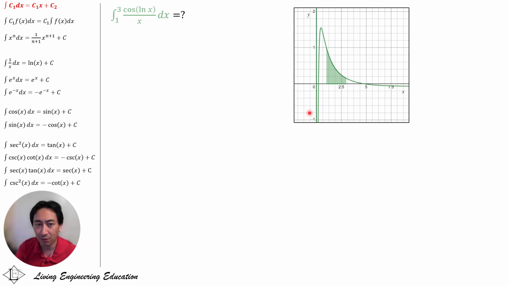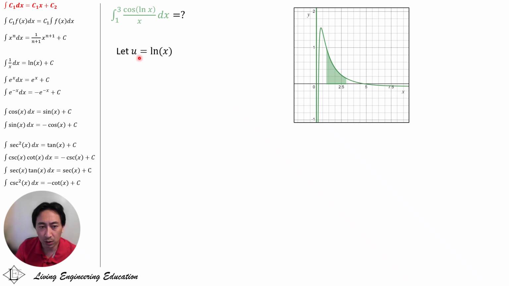This is the graph of cosine natural log x over x from the limits 1 to 3 here. All right, so I used u equals natural log x. That falls out right there. The fact that the derivative of this is going to be that 1 over x term is part of the incentive there as well.